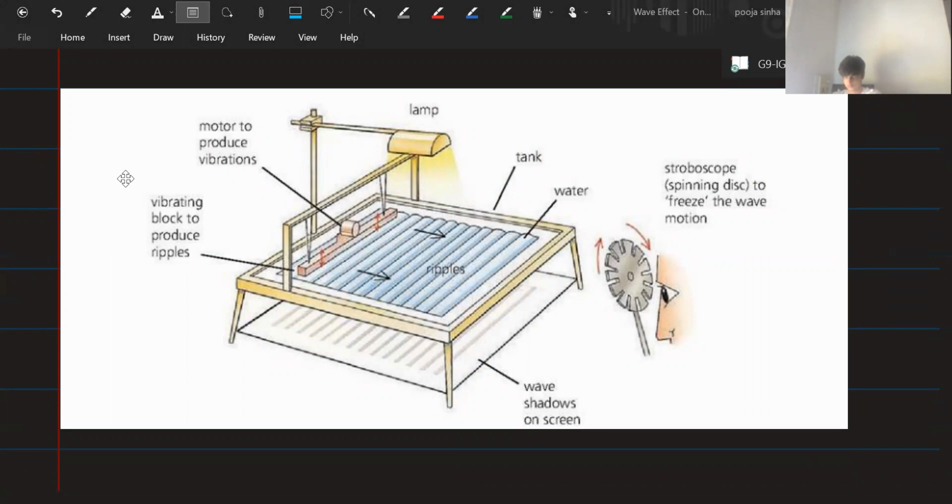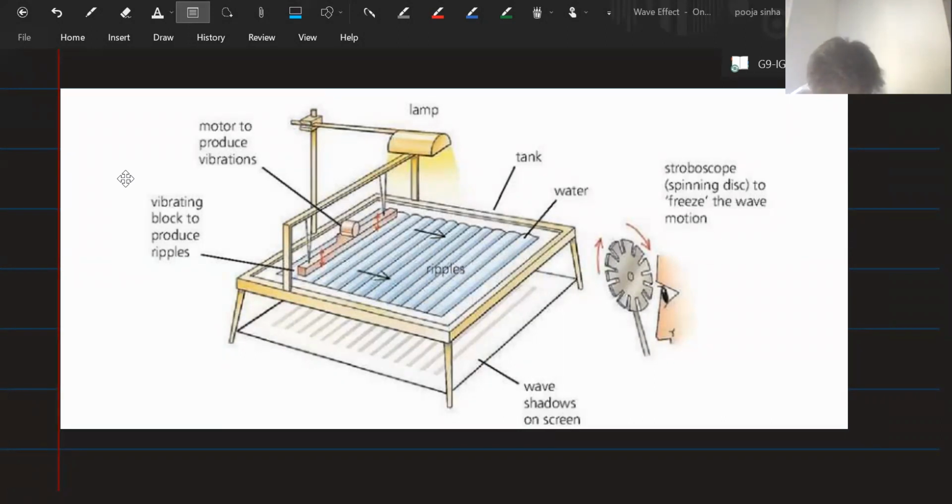Do you see the diagram on your screen? This diagram is called a ripple tank. What does a ripple tank do? It creates small tiny ripples, which means tiny waves, in water.